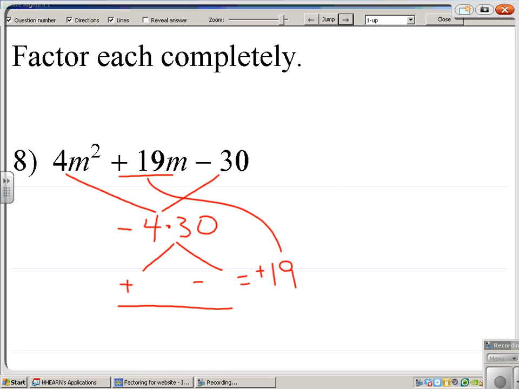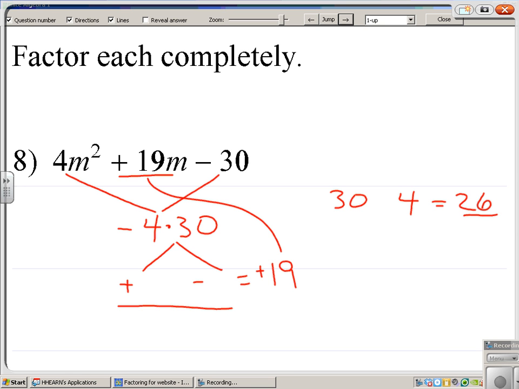So I could just start with these. 30 and 4, those subtract to be, I wish they subtracted to be 19. Those subtract to be 26. And if I think about this for a second, if I need them to subtract to be smaller than 26, I need them to be closer together. So I'm going to look for numbers between 4 and 30.